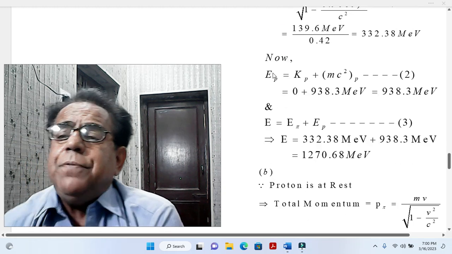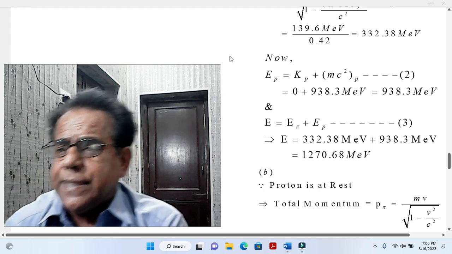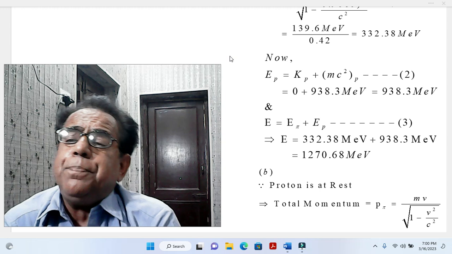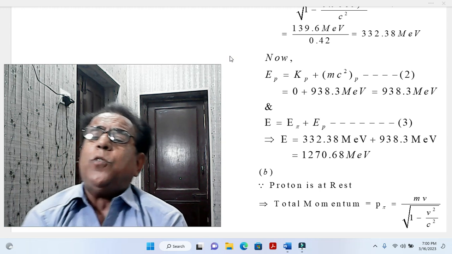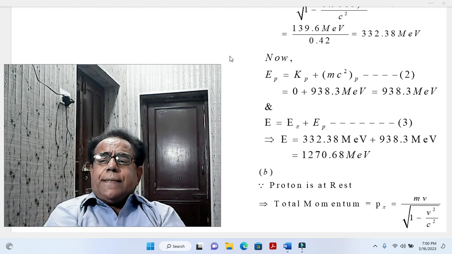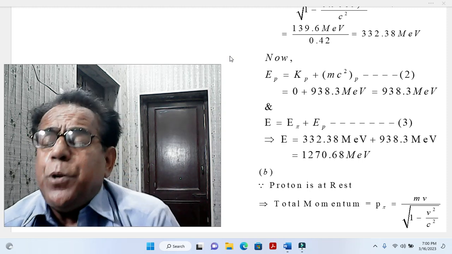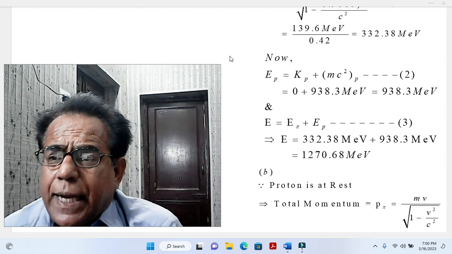Similarly, we will calculate the relativistic energy of the proton. Here again it will become equal to the kinetic energy of the proton plus the rest energy of the proton, equation number 2. We know that because the proton is at rest, its kinetic energy is 0.